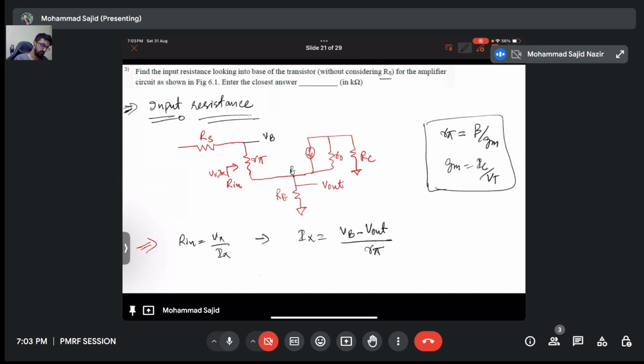Okay, so my R input would be VB by IB. Let me just call these notations VB, IB so it will not confuse us.